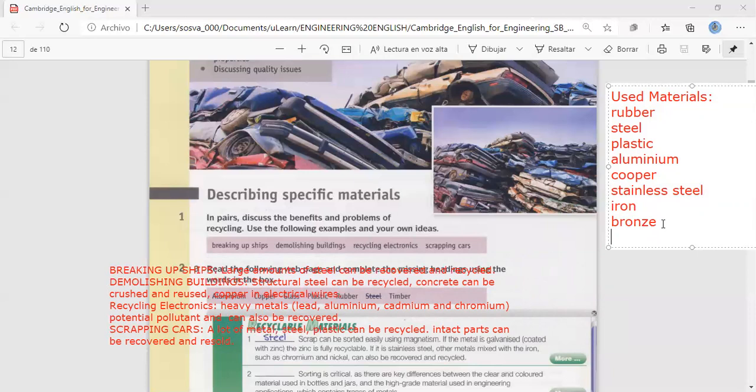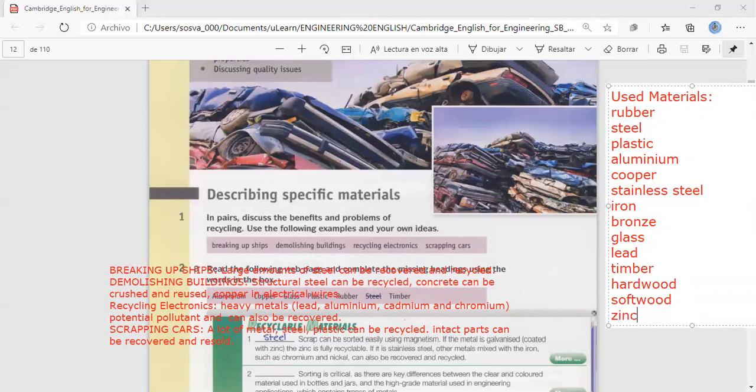You mentioned rubber, steel, plastic, aluminum, copper, stainless steel, iron, bronze, we can also have glass and lead, chromium, timber, hardwood, softwood, and zinc.